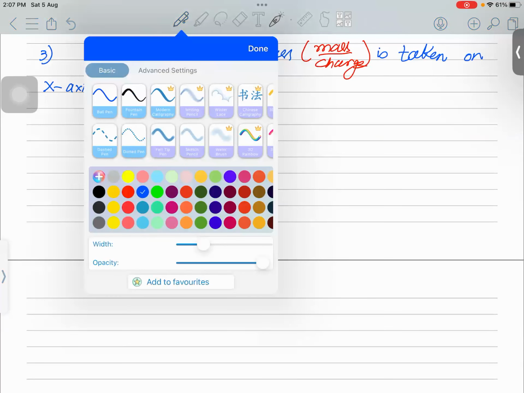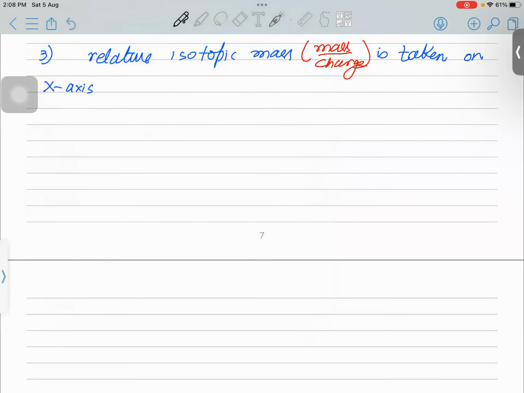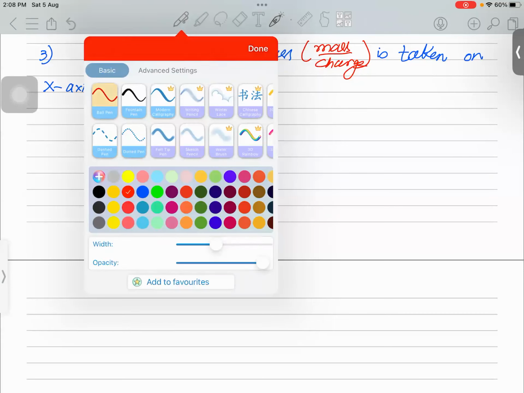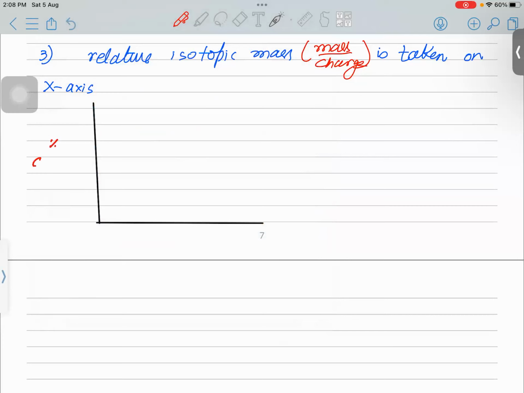Now look at the example of a mass spectrum. Let's suppose this is the mass spectrum of chlorine. Here you have percentage abundance, and here you have mass over charge ratio.